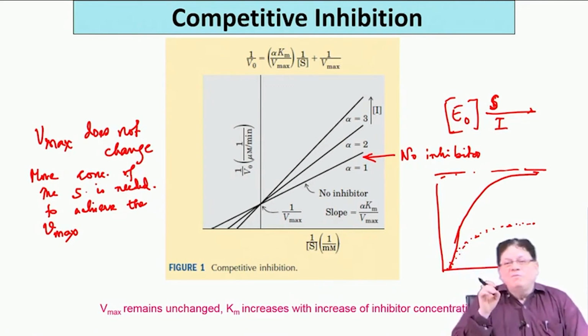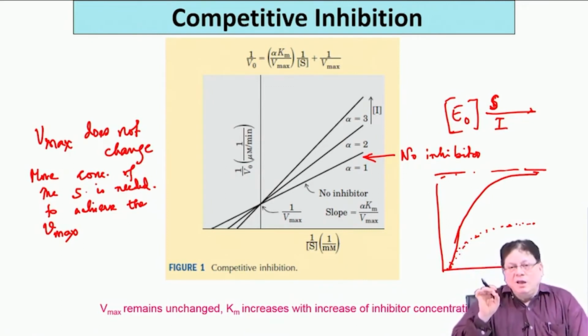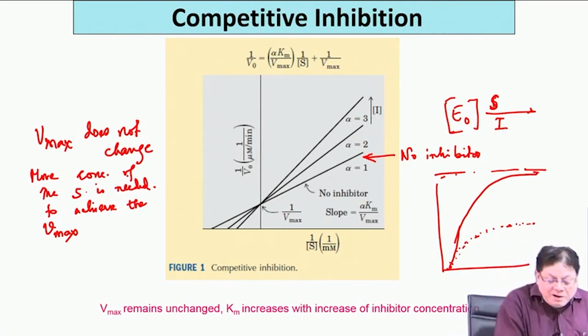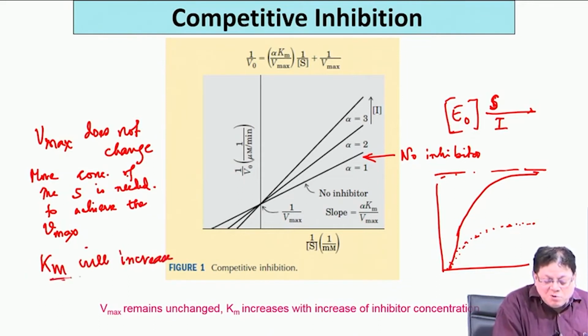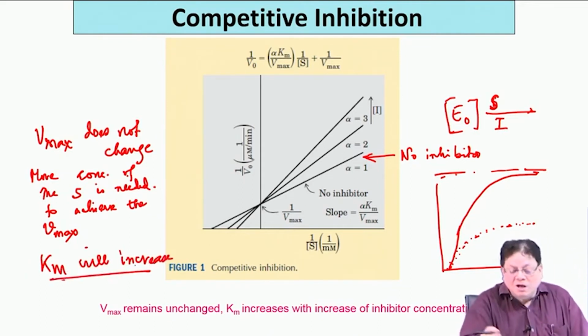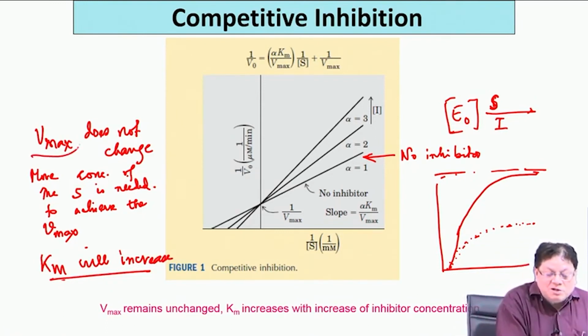The concentration required to reach half of the maximum velocity is called the Km, the Michaelis-Menten constant. So, what will happen to Km? Km will increase, because you need more substrate concentration to reach half of Vmax. But the Vmax value does not change.